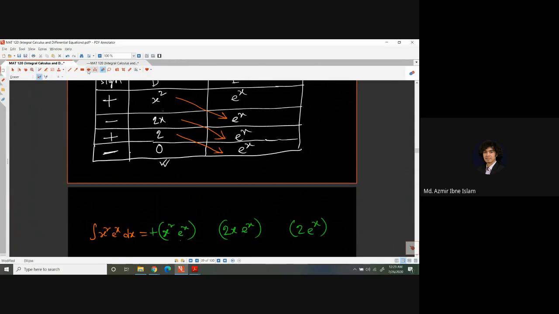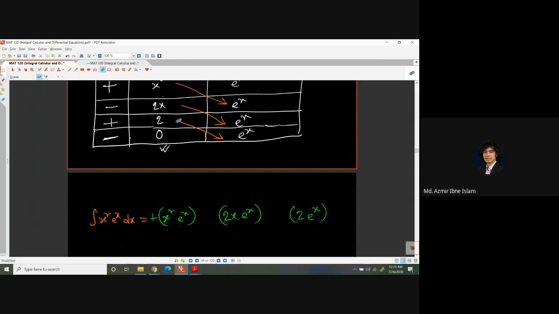Okay, I hope you have understood. Similarly, for the second product 2x e to the power x, we have to come by this way, negative positive.